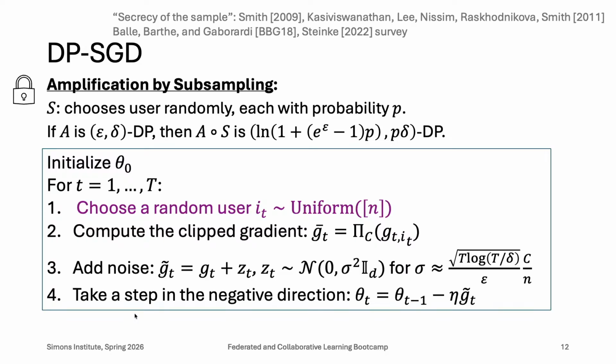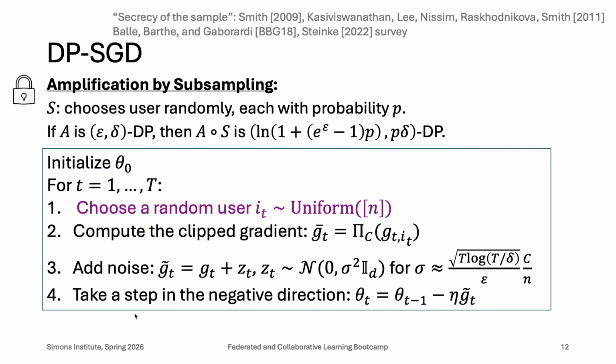Imagine you have an algorithm A that's epsilon-delta differentially private. Now also imagine you have a function S that, from an n-sized data set, chooses each user randomly with probability p.